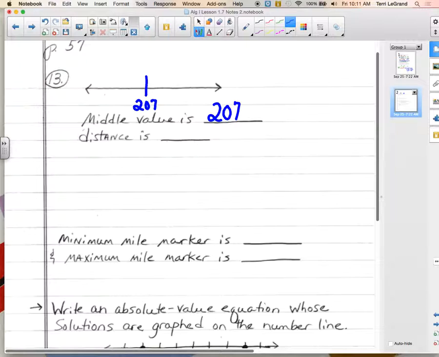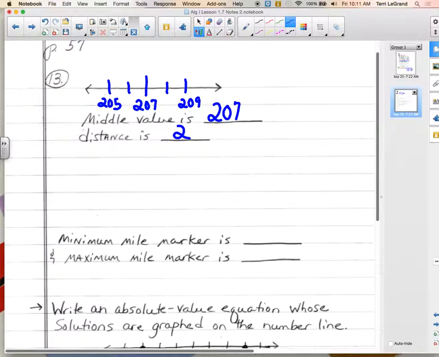What's the distance that it can vary by? 2, okay. So if it can vary by 2, I'm going to go 2 tick marks over, and that would be 209 this way, and this way it would be 205, right? Remember, make good number lines. You don't have to get out a ruler and measure, but eyeball it pretty good.